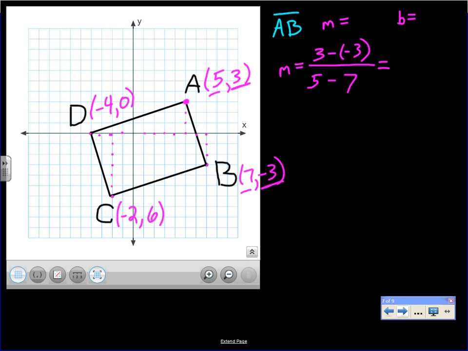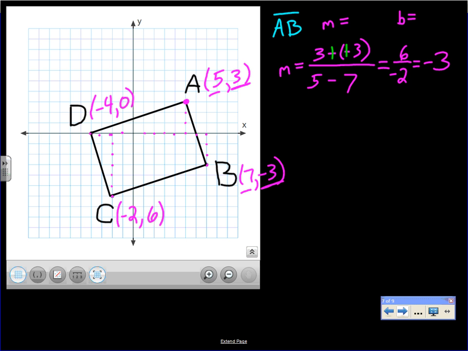Work this out. 3 minus -3 is going to give us 3 plus 3, so that's 6. And 5 minus 7 is -2. We know positive divided by negative is going to be a negative, and 2 goes into 6 3 times. So we have the slope for segment AB.